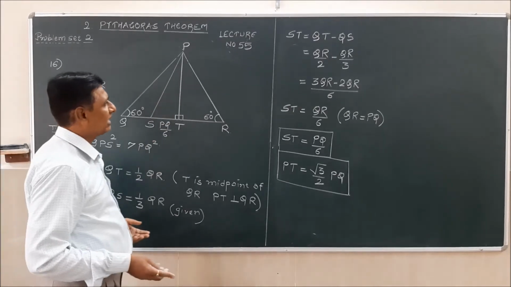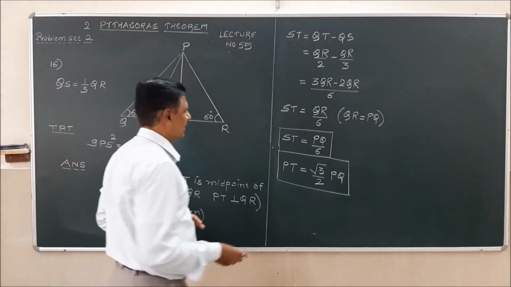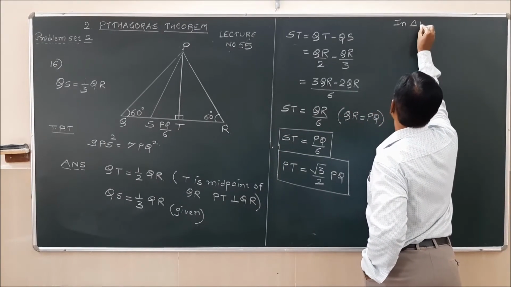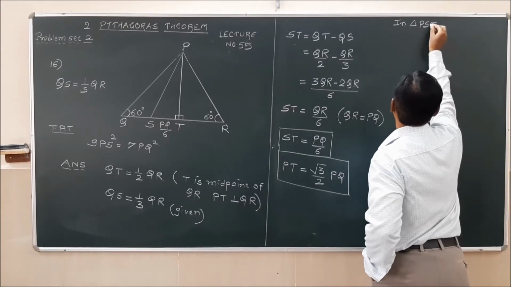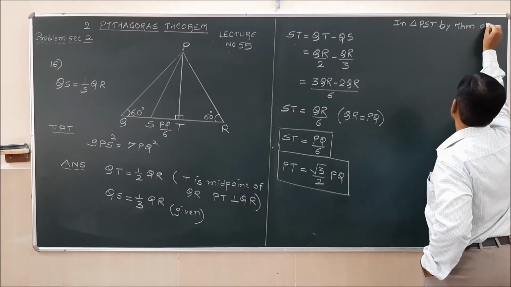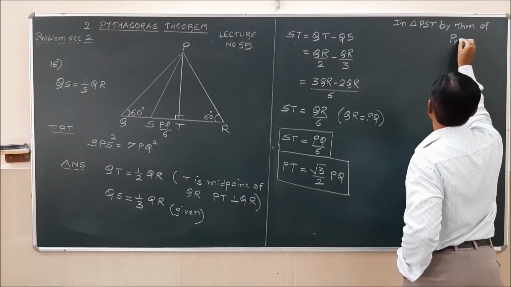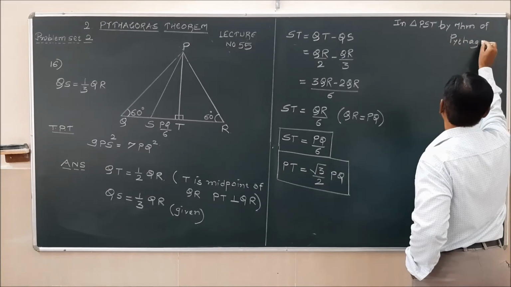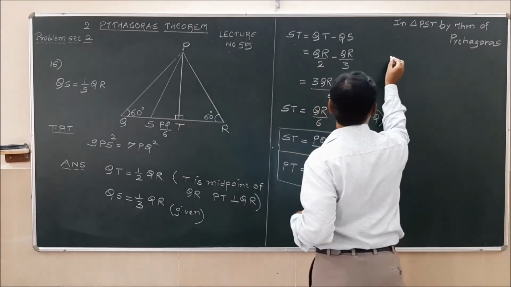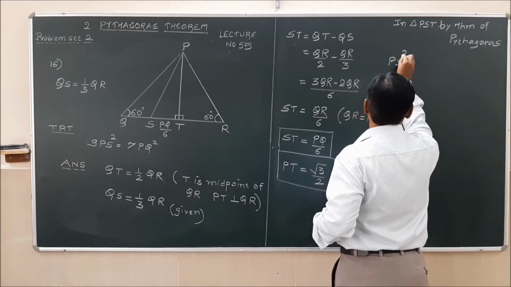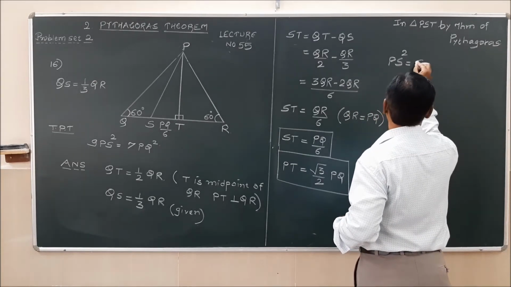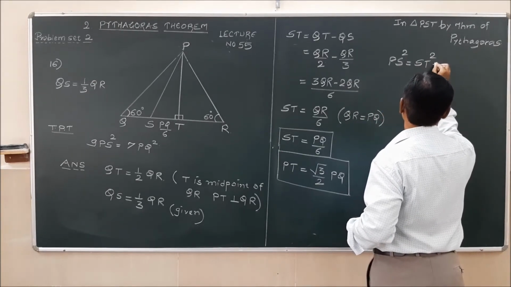Finish. So in triangle PST, by the theorem of Pythagoras, PS square is equal to ST square plus PT square.